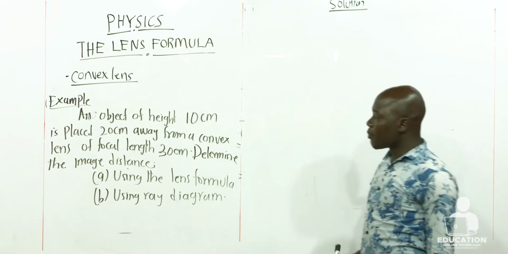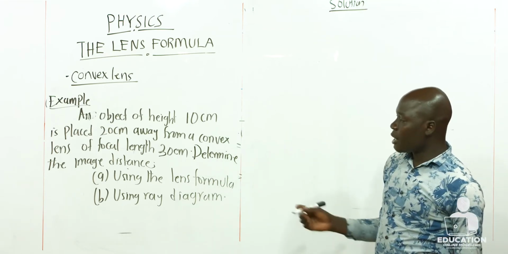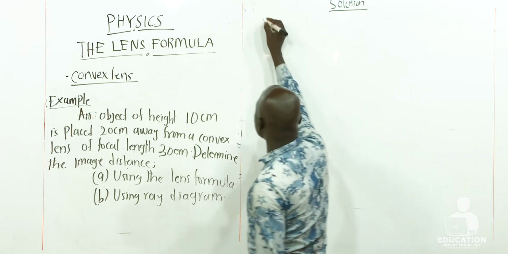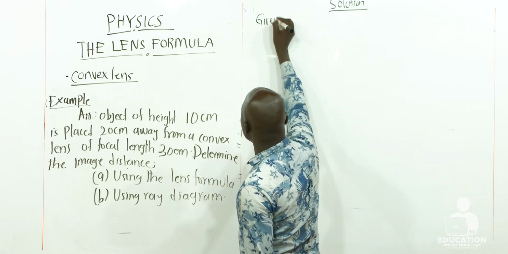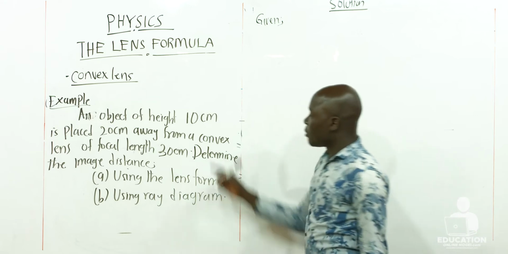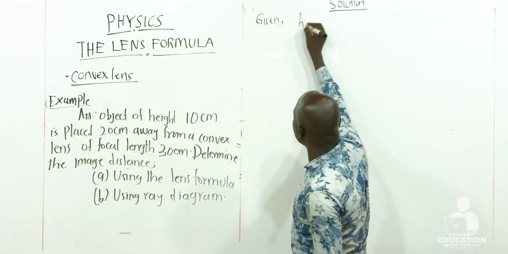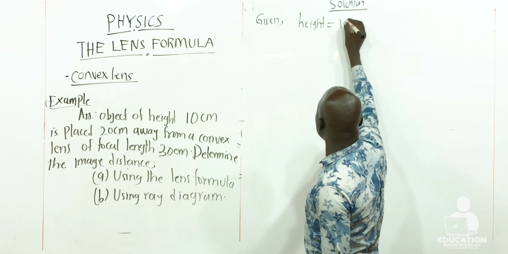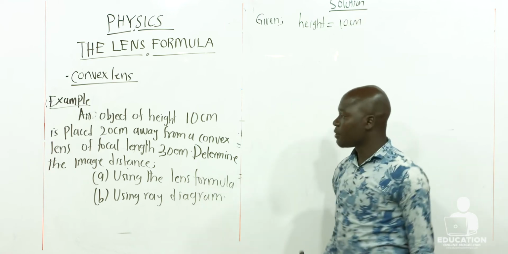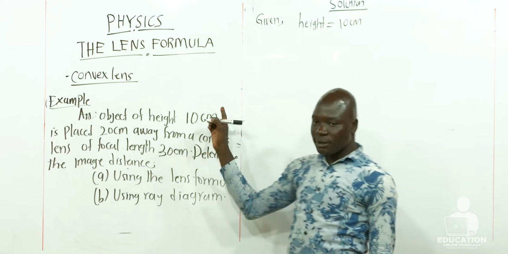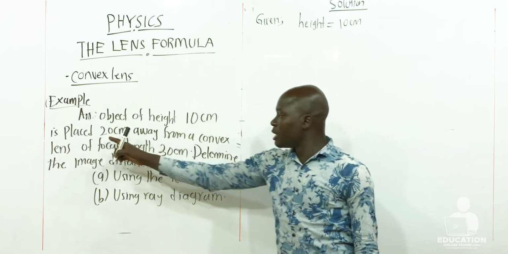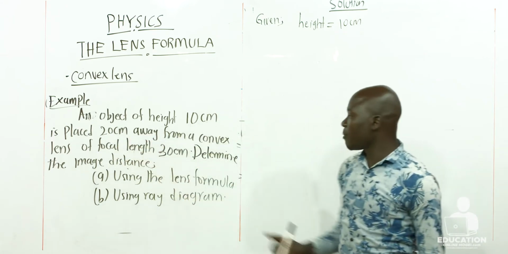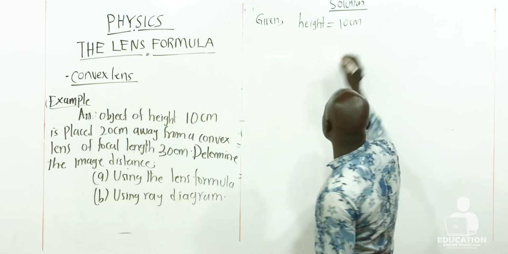Now reading through the question, we have to note down what is given. So we shall say given, the height of the object is 10 centimeters. Then we read further, it says it is placed 20 centimeters away from a convex lens. That is the object distance.